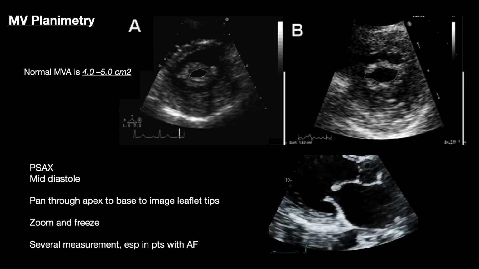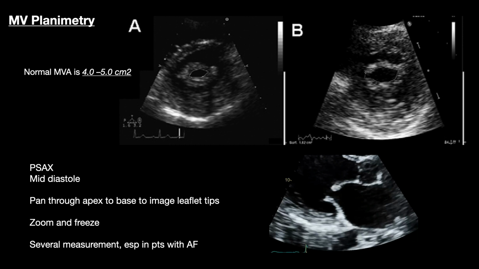So mitral valve planimetry, as I said, is listed as the reference value for mitral valve area. The measurement is performed in the parasternal short axis. We perform it in 2D, but it can also be performed in 3D and 4D by skilled operators, but that's beyond my scope of practice.